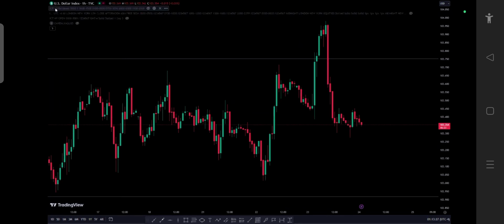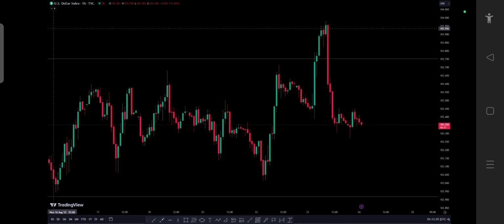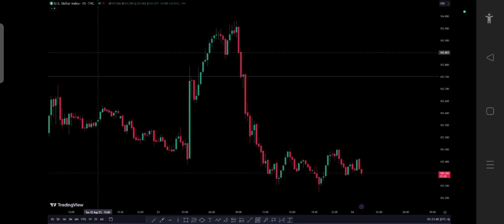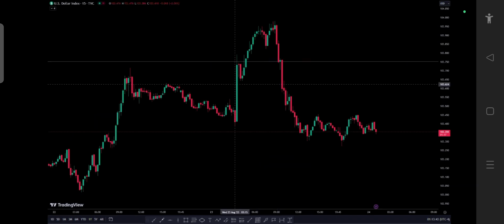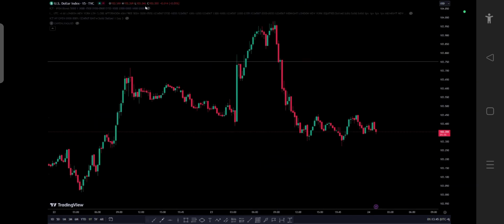15 minute time frame. Yesterday was a large range day, so it's consolidating.